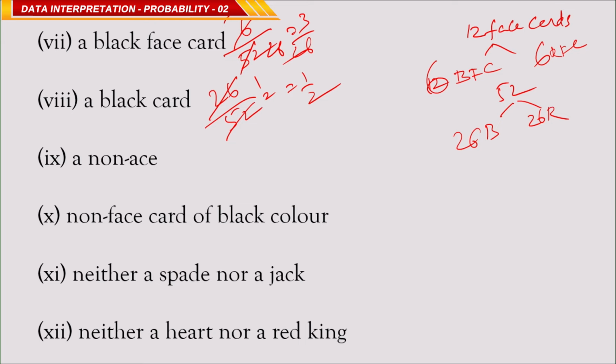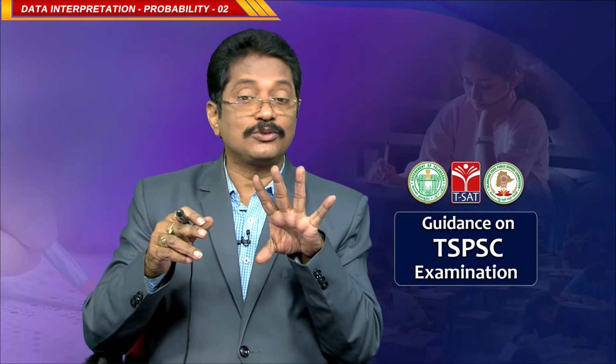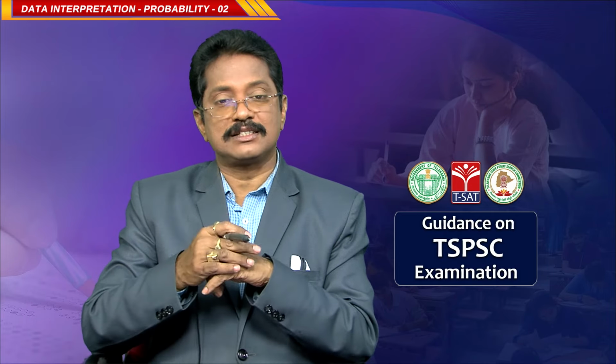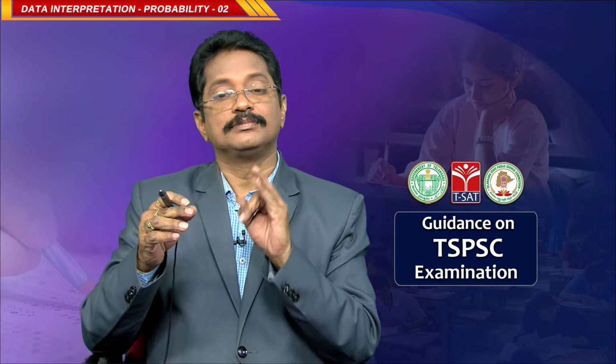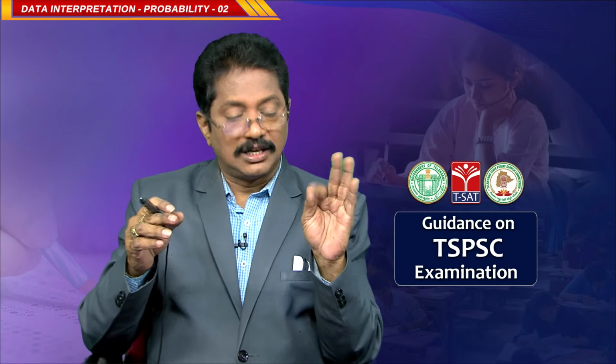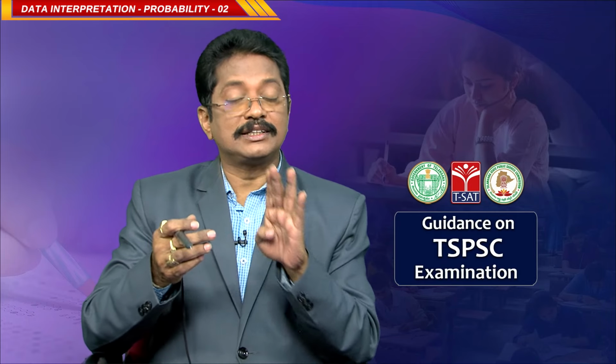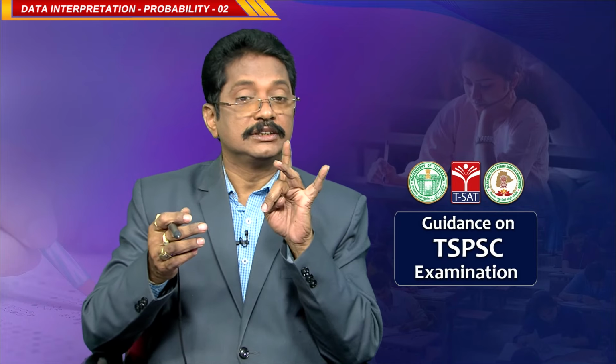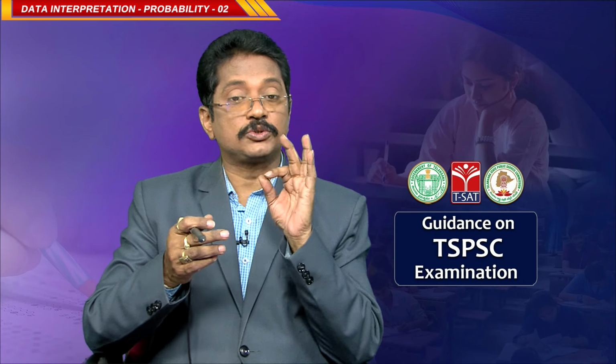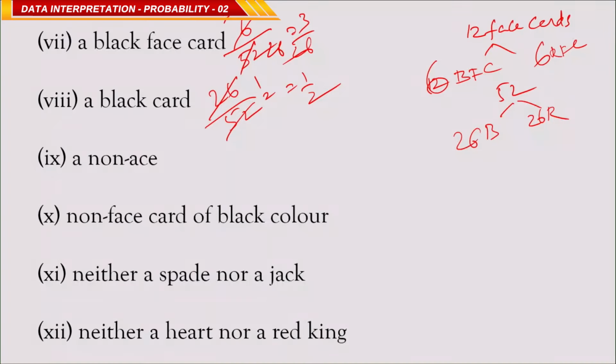Okay. Now, the next one is non-ace card. How many ace cards are there? There are 4 groups. In each group we have 1 ace: spade, club, diamond and heart. So, there are totally 4. Getting an ace card is 4 by total 52, that is 1 by 13.